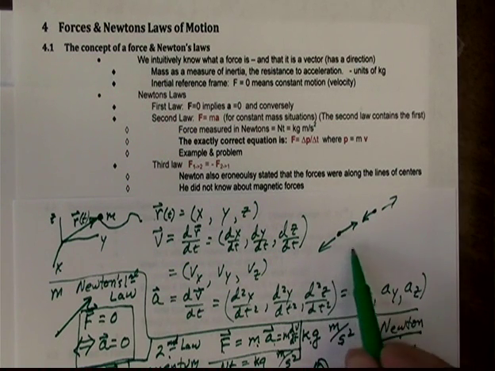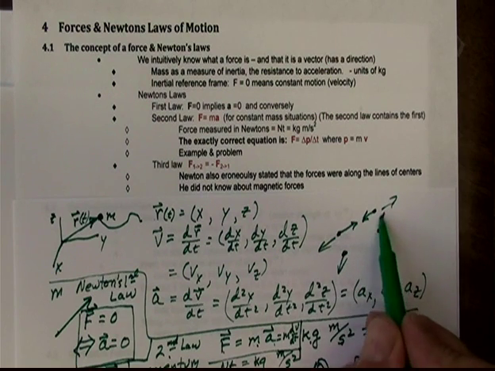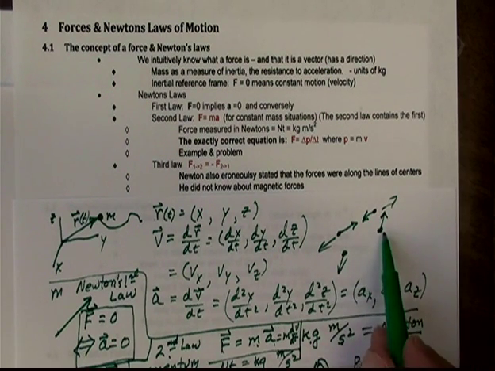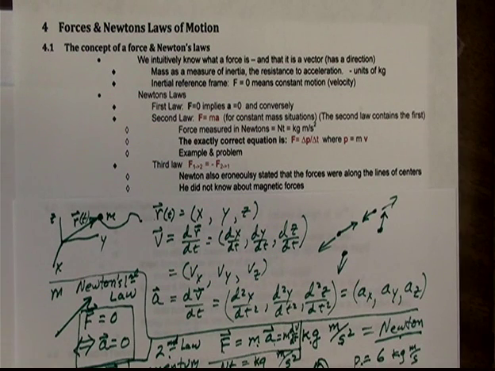And that is not true. We can have situations where the forces are equal and opposite, and they're kind of skew like this. And this is possible because Newton didn't know about all the different types of forces, such as spin forces that we're aware of today.